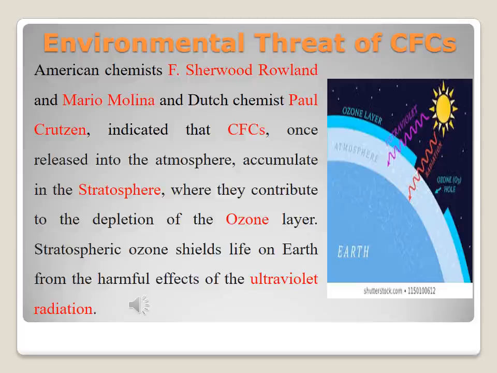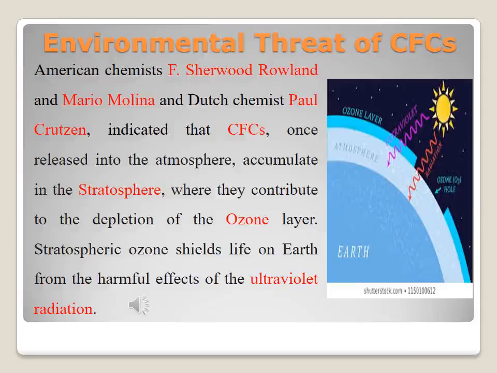In the late 1970s, scientists began to realize that chlorofluorocarbons do break down in the upper atmospheric region known as the stratosphere and thus contribute to the depletion of the ozone layer. Stratospheric ozone shields life on Earth from the harmful effects of ultraviolet radiation.